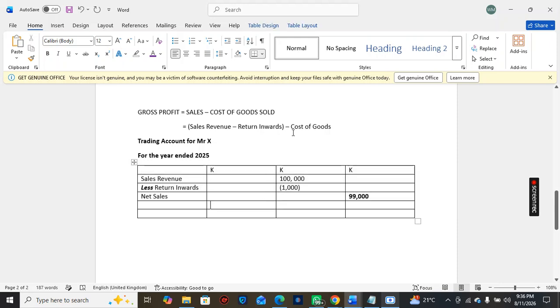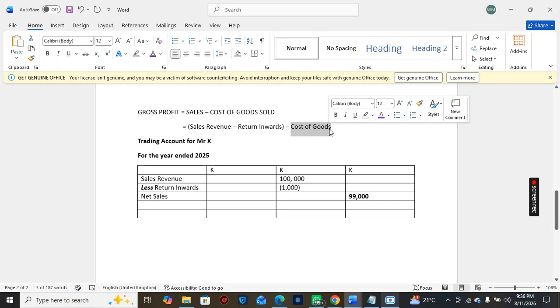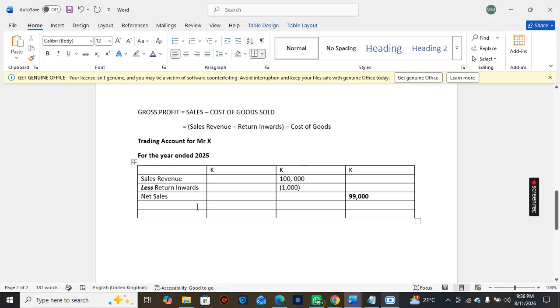Now the next thing we need to determine after we've got our net sales is the cost of the goods that we sold, the cost of the cement that we sold. Sometimes you can put COGS, cost of goods sold, on your financial statement to show that's what you're trying to tabulate.